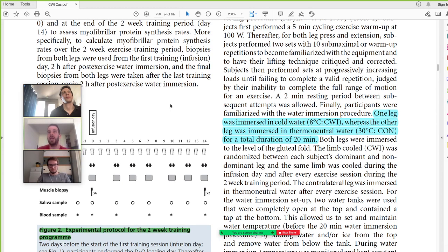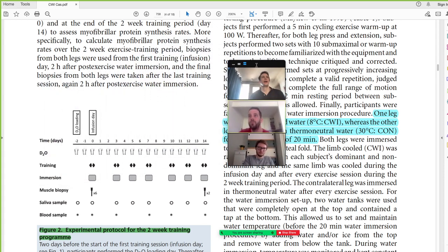In this study, we knew exactly that both legs are subjected to the exact same environment. It's just that the cooling of one leg compared to the other makes the internal environment a little bit different. And then we could accurately compare what's specifically the effect of that cooling on this process of protein synthesis.